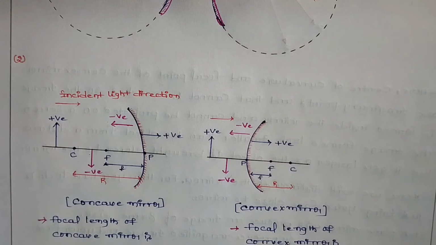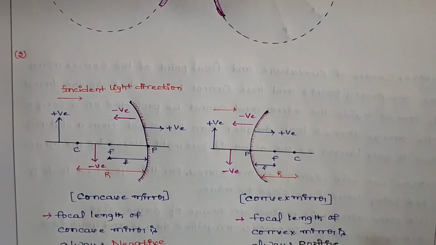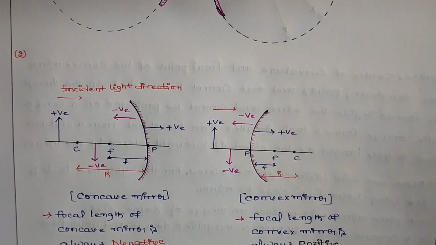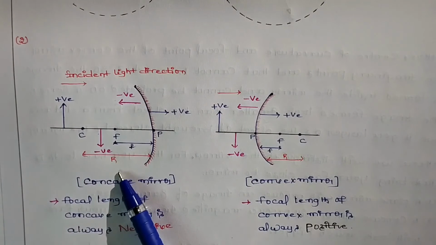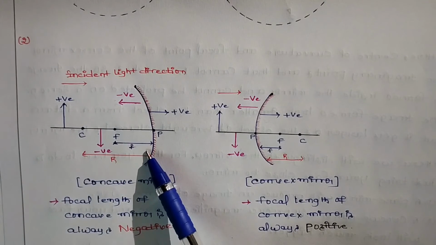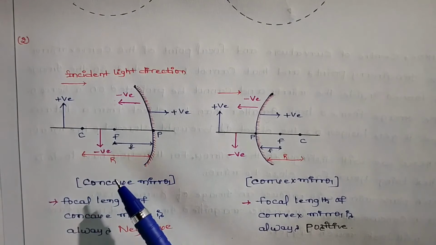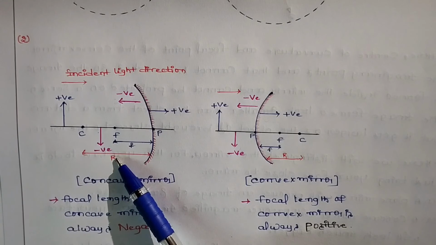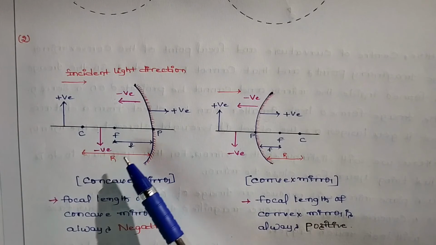Next, in the case of a concave mirror, the center of curvature and focus lie in front of the mirror. So the signs of radius of curvature and focal length are taken to be negative.